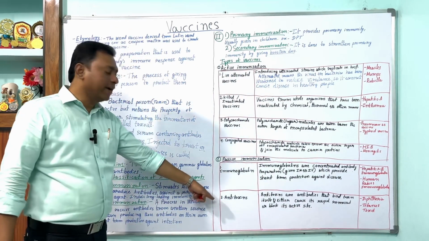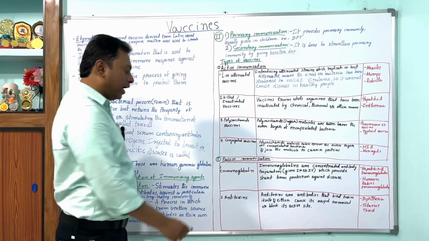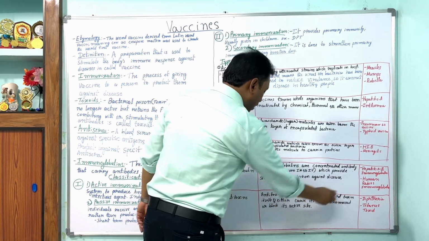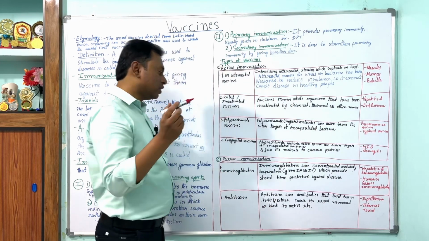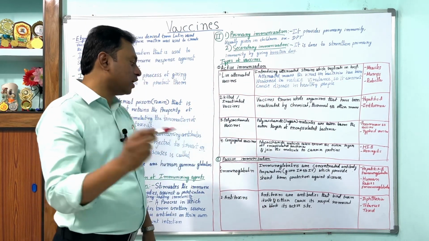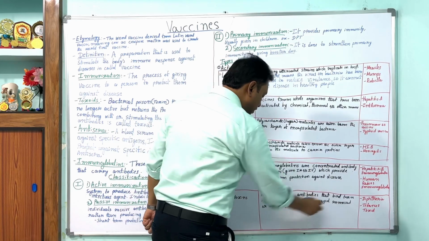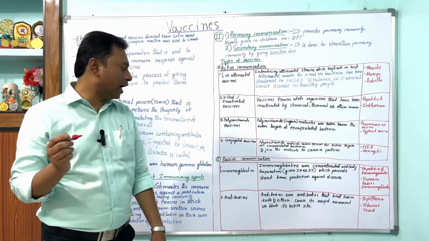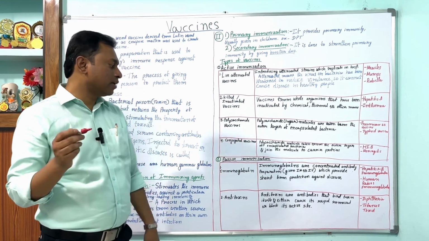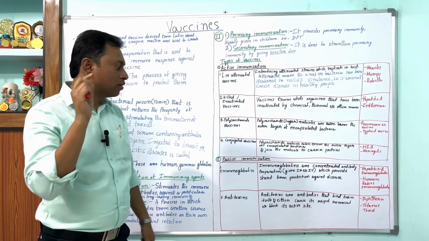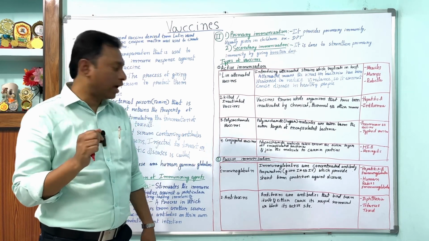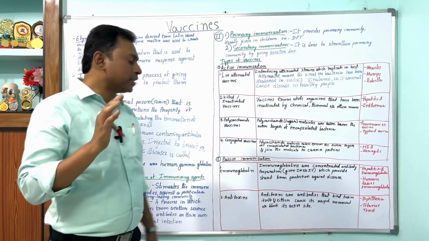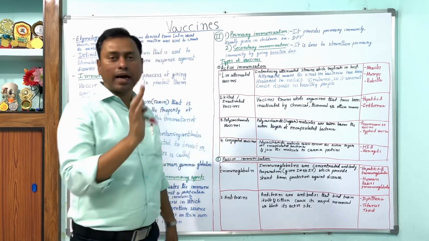And the next one, antitoxins. Antitoxins are antibodies that bind the toxin itself, either causing its rapid removal or blocking its active sites.